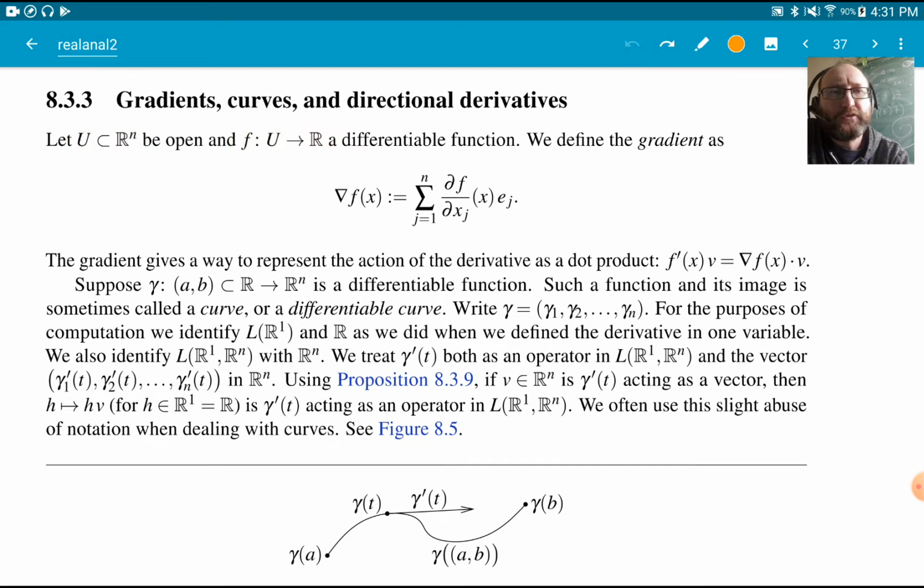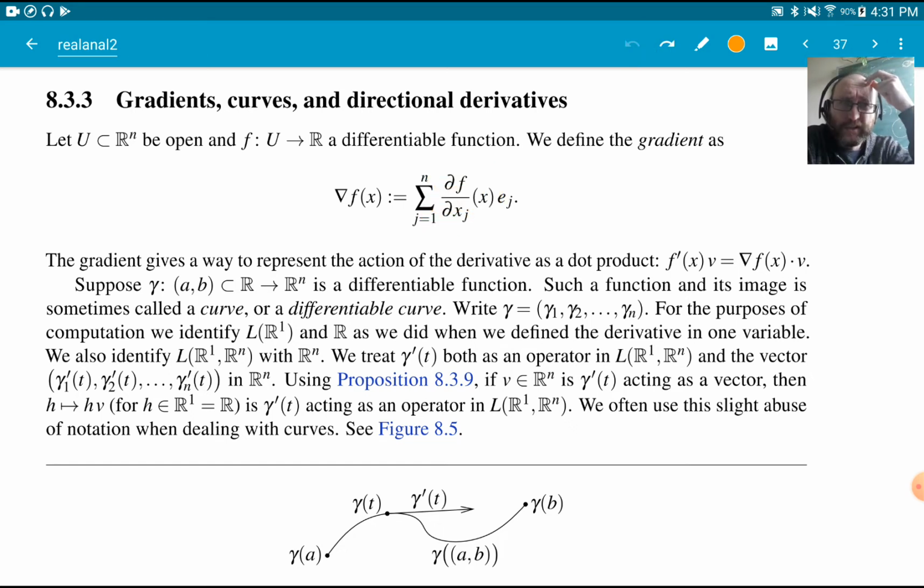So you could define a derivative, which is the linear transformation that approximates f, but another version of the derivative, which in some sense is different, is the gradient, right?